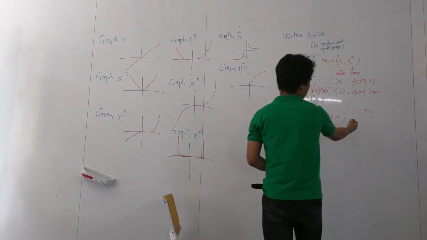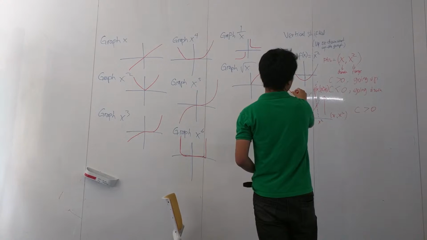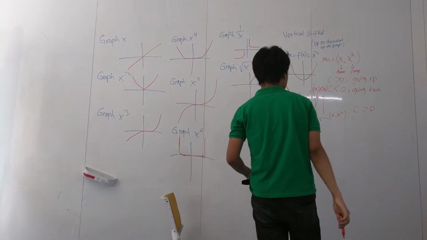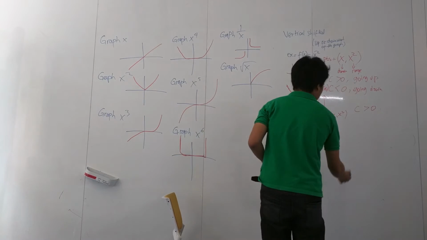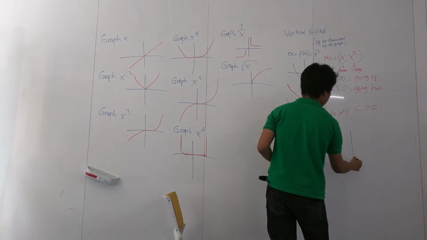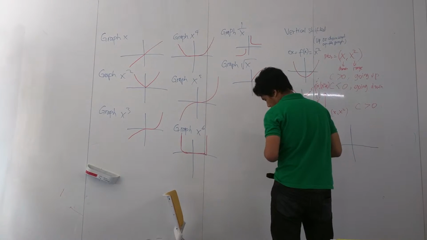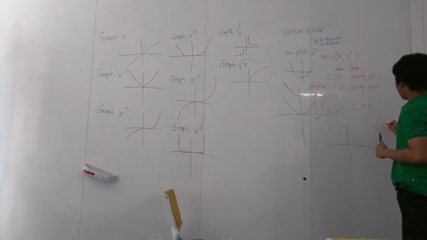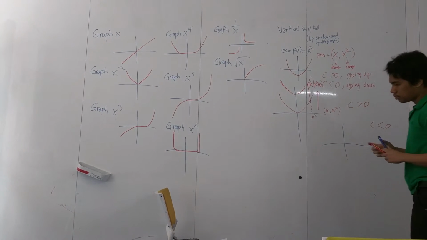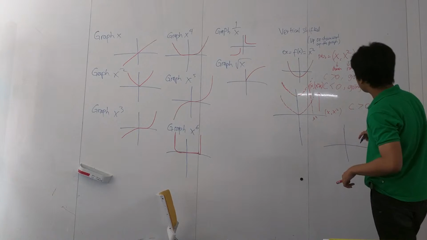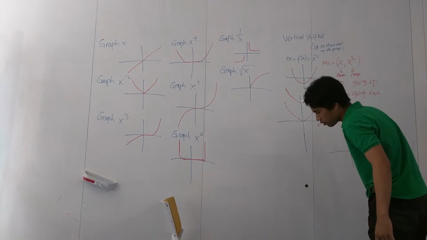So if the c is greater than 0, it will be going upward. And then the second one is if in this case the c is below 0, so it must be going down. We're still using the same equation, f(x) equals x squared.